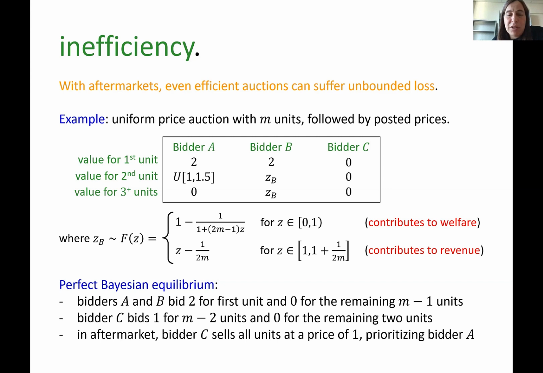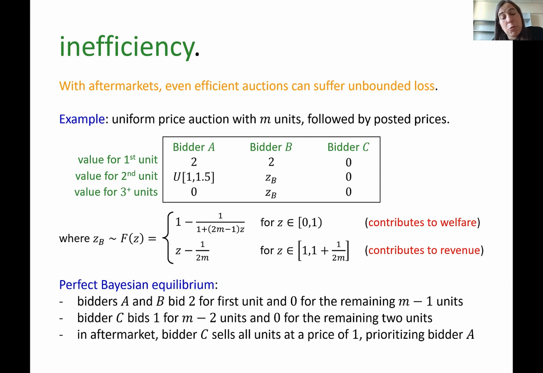And then bidder C is going to just snatch up all the remaining units by bidding 1 for them and 0 for the rest. And so what's going to happen with these bids in the primary auction is that the price is 0, right? Because there's exactly M units that have a positive bid.